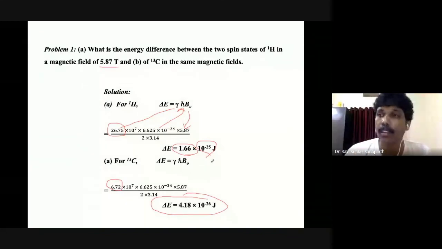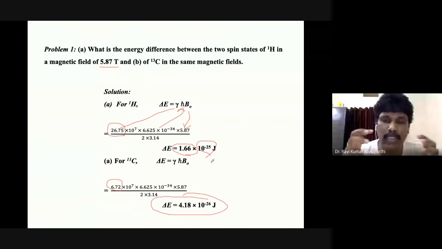even if you keep such a huge magnetic field, the nuclear energy state difference is basically very, very small. As a result, you will see an almost equal population distribution between the ground nuclear energy state and the excited energy state.